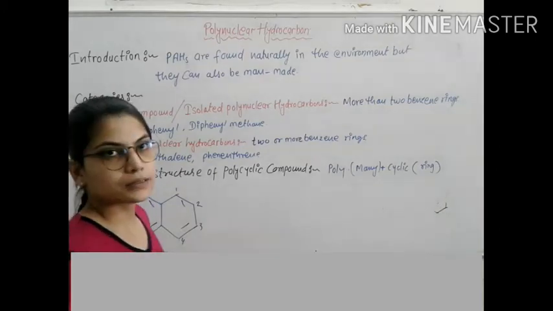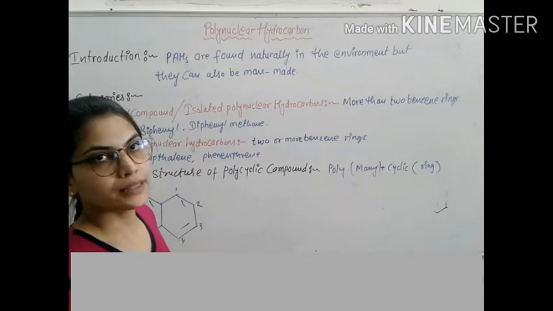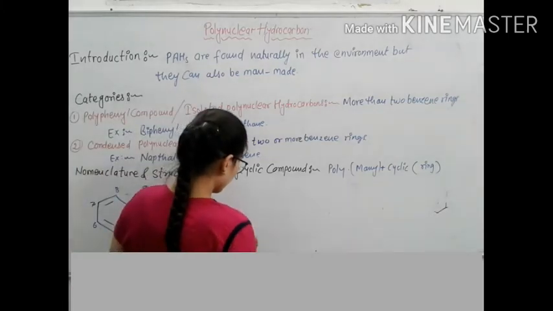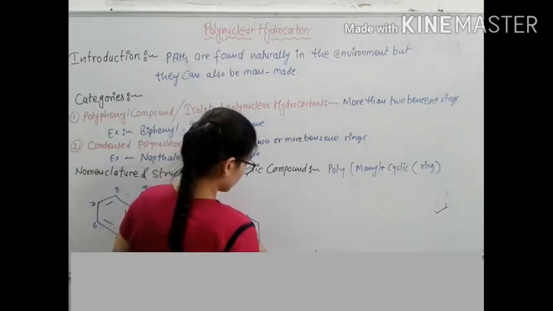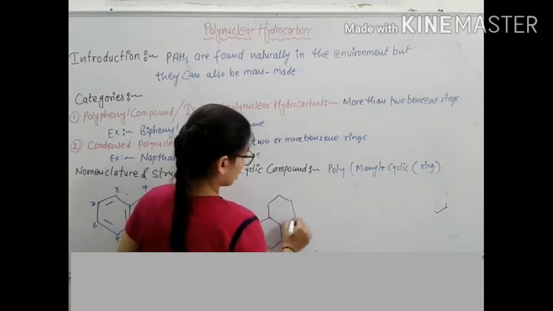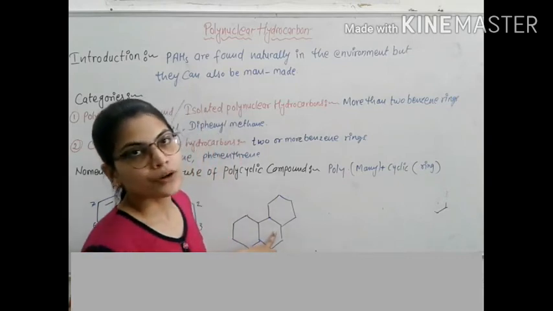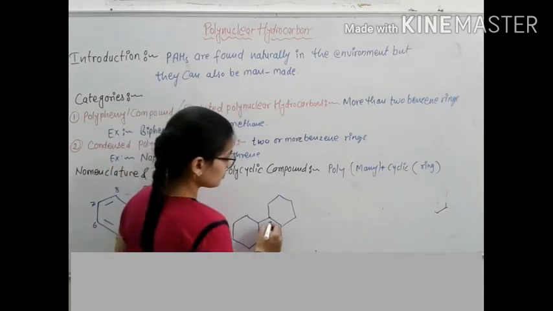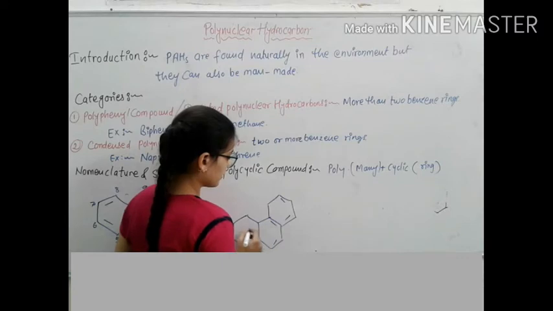The third example is phenanthrene. Again there are 3 rings available. This is the structure of phenanthrene. Double bonds are present.